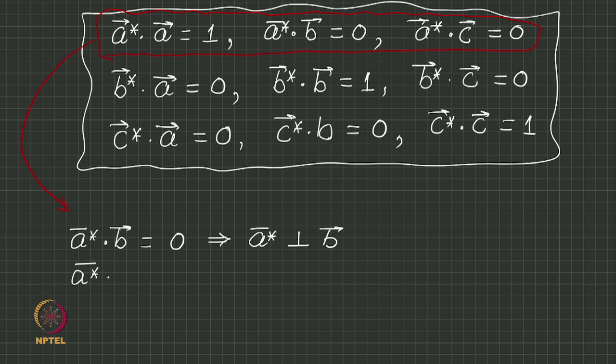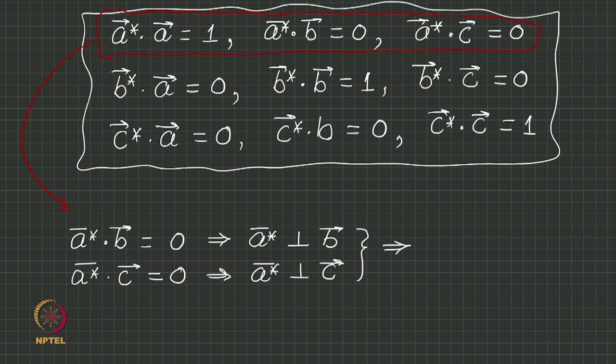If I look at the third relation, A star dot C is equal to 0, then it similarly tells me that A star is perpendicular to C. Now, I am better off. Now, I know that it is perpendicular to B as well as perpendicular to C. So, what does that mean?